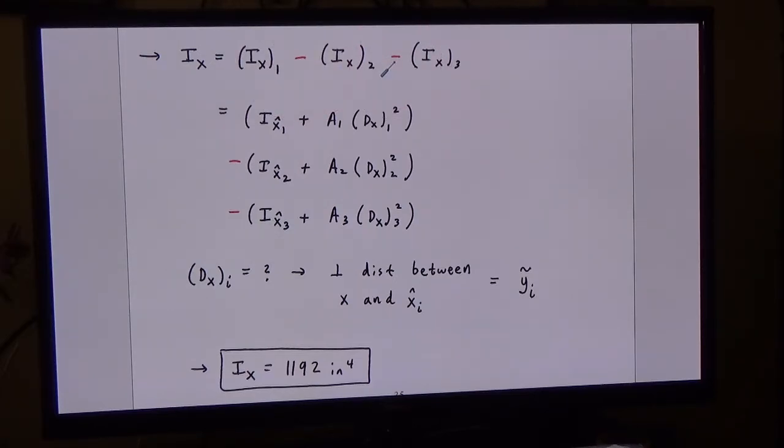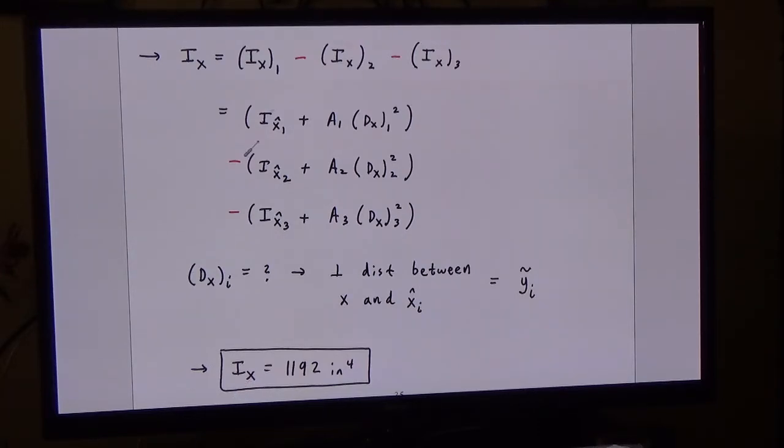But this part looks exactly the same as last question, except this is a minus because we have holes now instead of positive areas. Just like last time, when I'm moving, for instance, from the x1 hat axis to the x-axis, my perpendicular distance between those two is y tilde, just like in the last question, and then this is what I get for I about x.